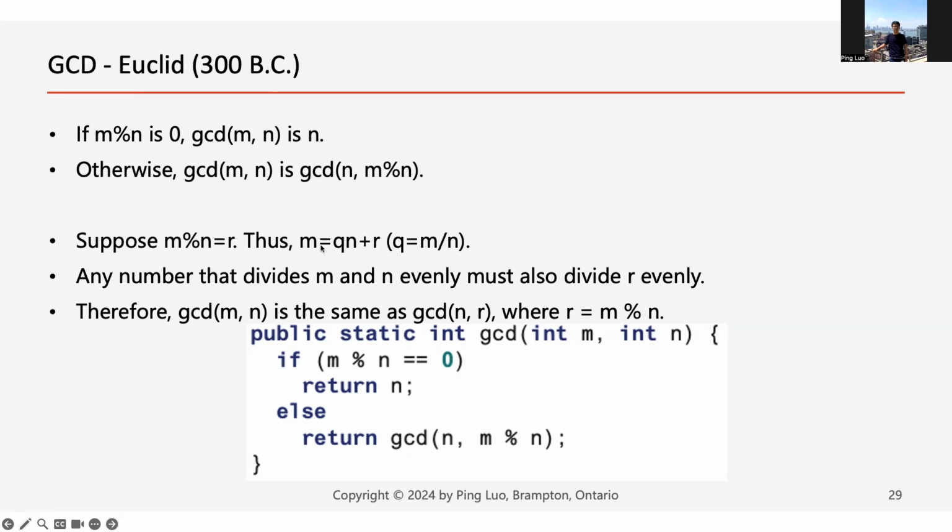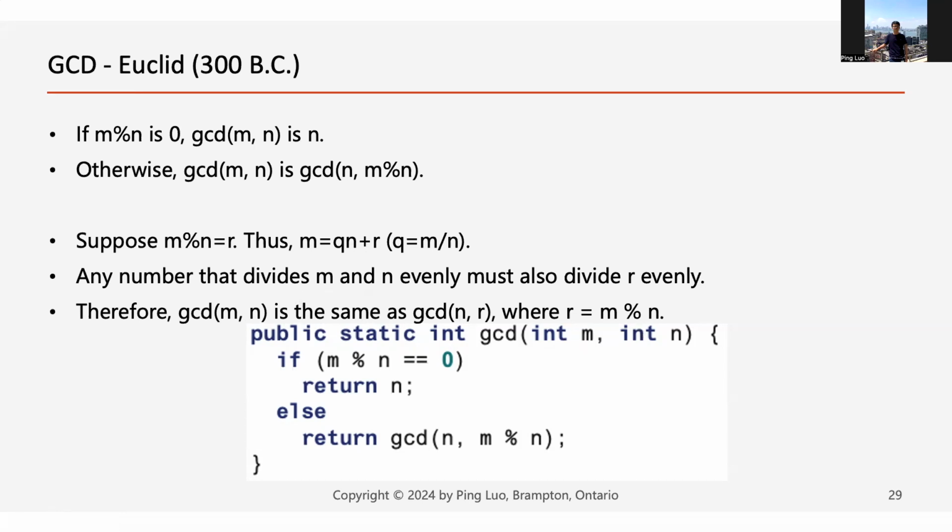So we can convert M to Qn plus R. This way, any number that is a divisor of M and N should also be a divisor of R. Otherwise, it is not a divisor. So instead of computing the GCD of M and N, we can just compute the GCD of N and this remainder R. That's the algorithm he designed, maybe 2000 years ago.